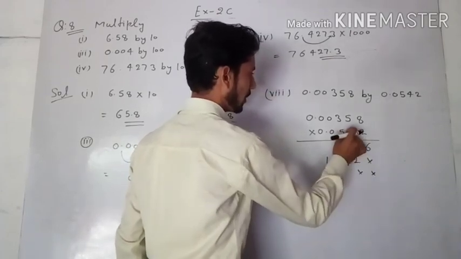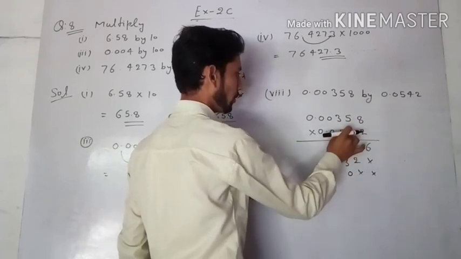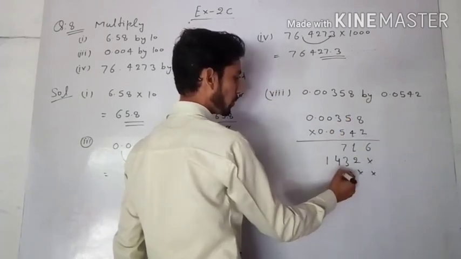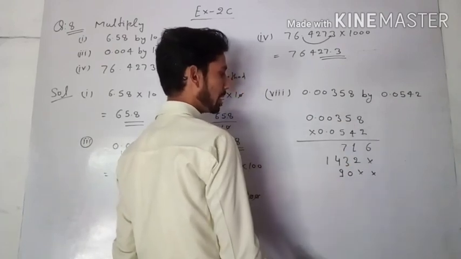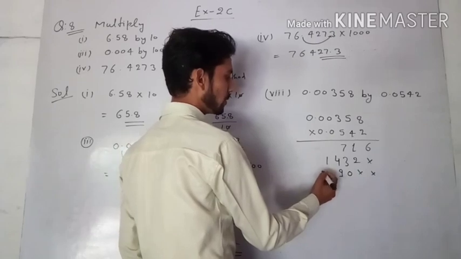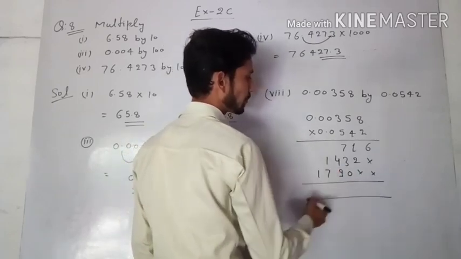Next, 5 8s are 40, carry 4, 5 5s are 25, 4 is 29, carry 2, 5 3s are 15, 17.